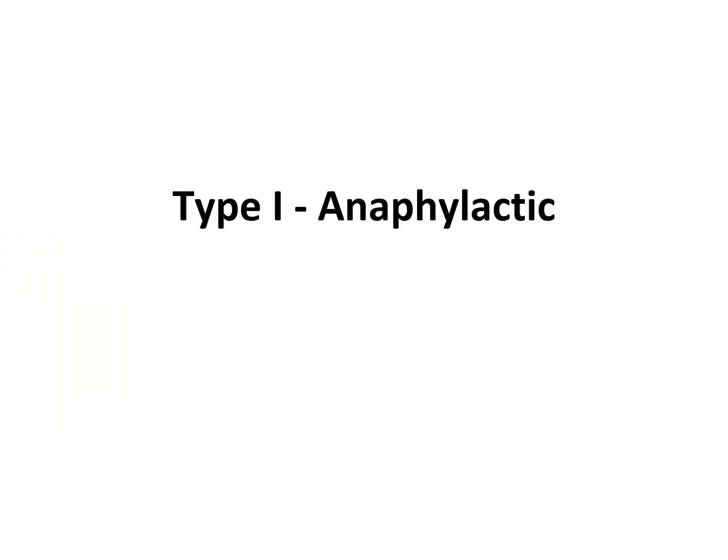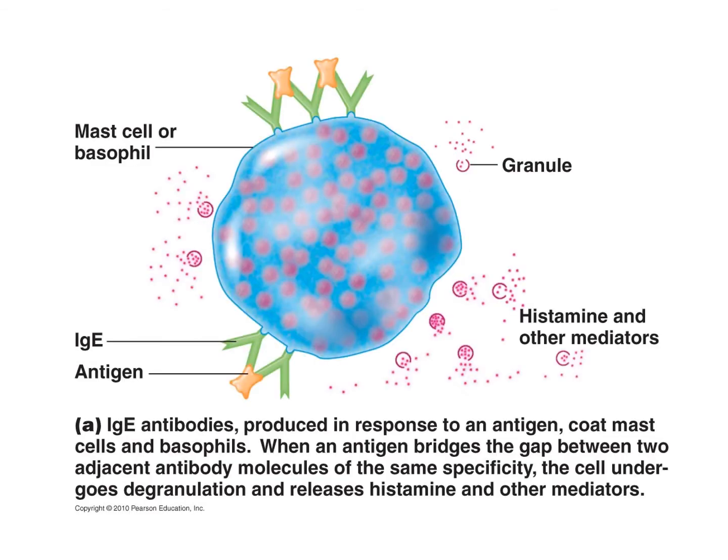The first type of allergy I want to discuss are type 1 allergic reactions or hypersensitivities, and they are considered anaphylactic. Anaphylactic reactions involve IgE antibodies. IgE antibodies are found on the surface of mast cells and basophils. And the purpose of the IgE antibody is to activate those cells.